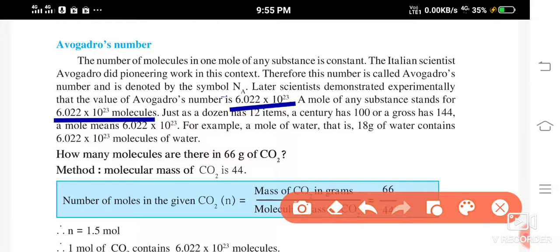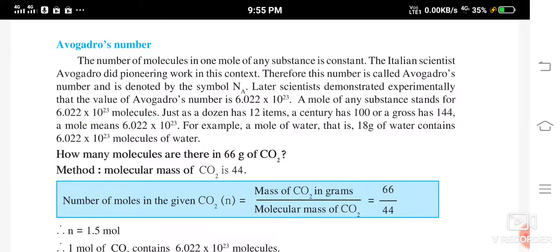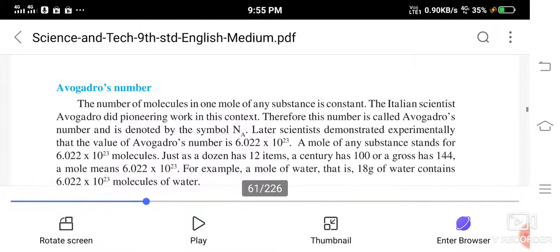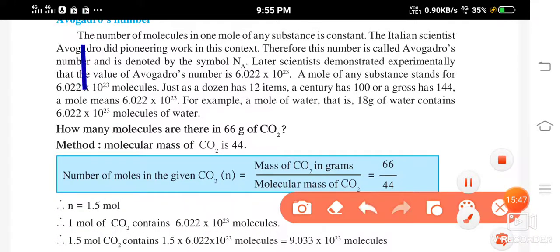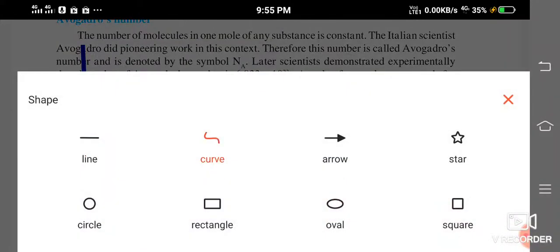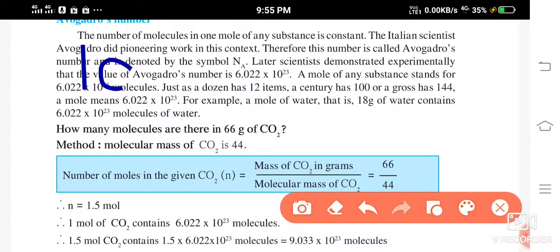Just as a dozen has 12 items. I told you, 1 dozen, if you take, it's going to be how much? 12, right? 1 dozen is equal to 12.